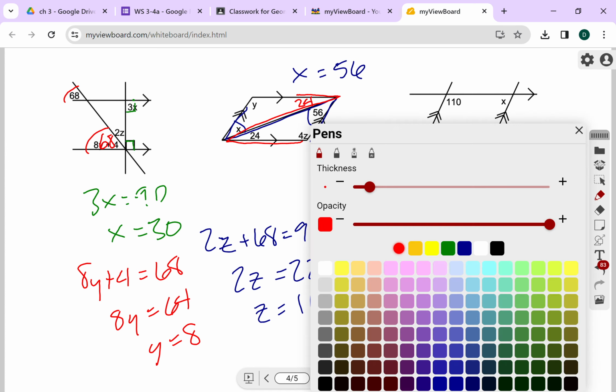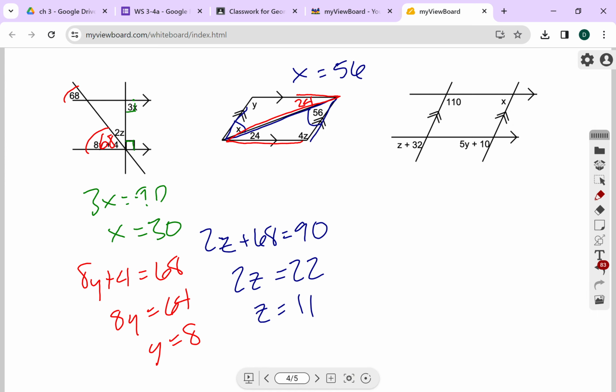Because I need to know what y is, and y is supplementary to the 24 and 56 area over here. So if I add those two angles together, they're supplementary to y because they'd be same side interior. So y equals 180 minus that combined angle there, which would actually be 80.